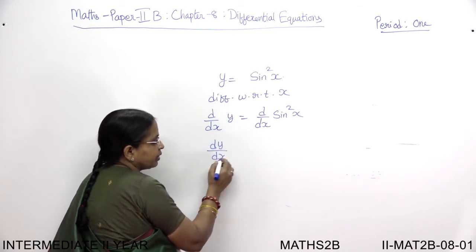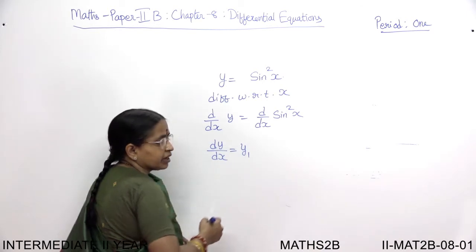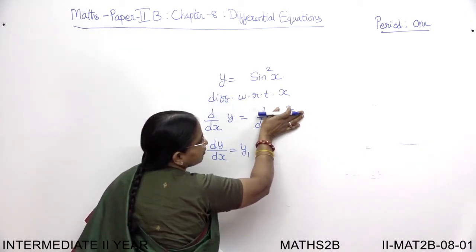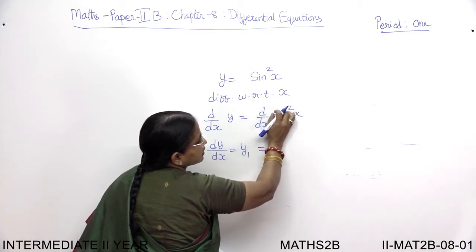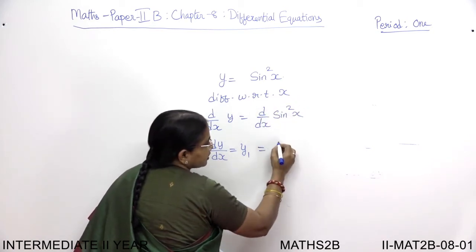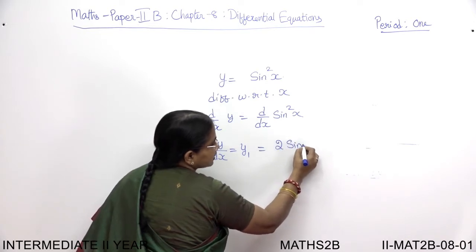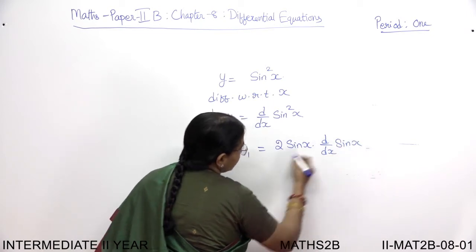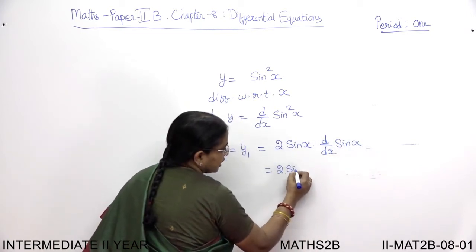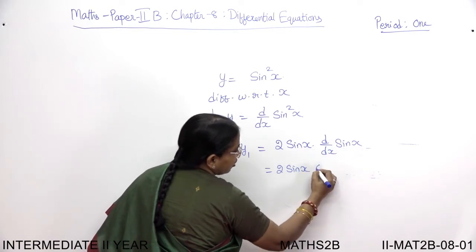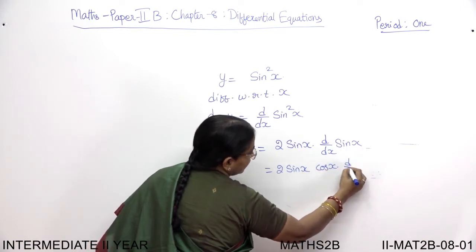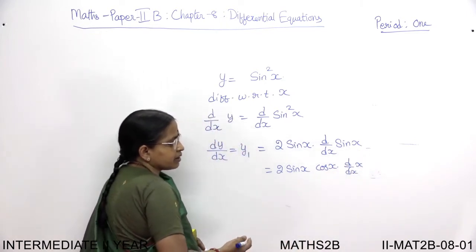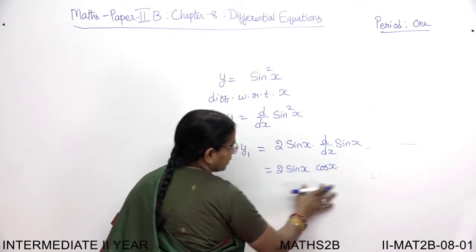Generally, we denote dy by dx also by y1. Now what is the derivative? The outer function is square, something square. The derivative of x square is 2x, so 2 sine x into the derivative of sine x, which is cos x, into again the derivative of the inner function x, that is 1.